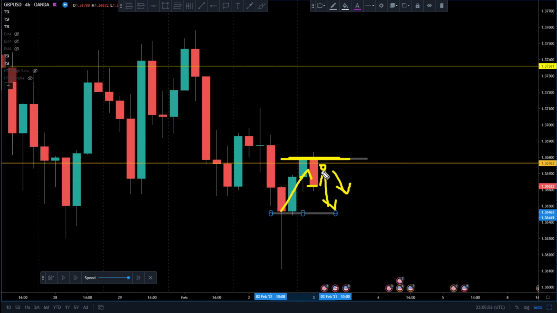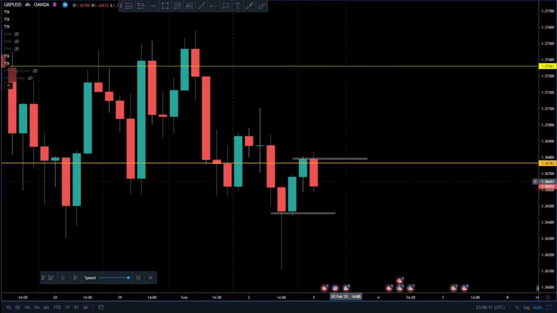All we want to see is a nice wick on the 4-hour chart, and then price to continue bearish. That's what I should have been envisioning, but I was just distracted. No excuse. I'll have to learn from that. Anyway, on the 4-hour I was just bearish.